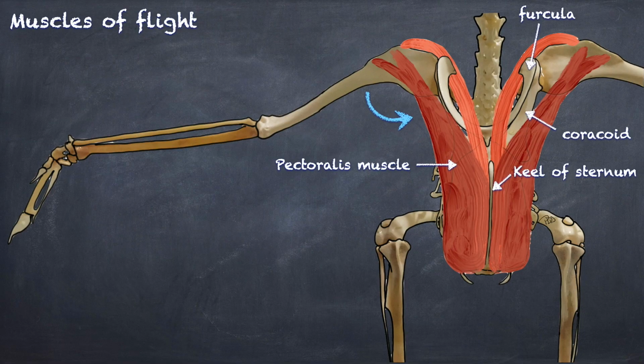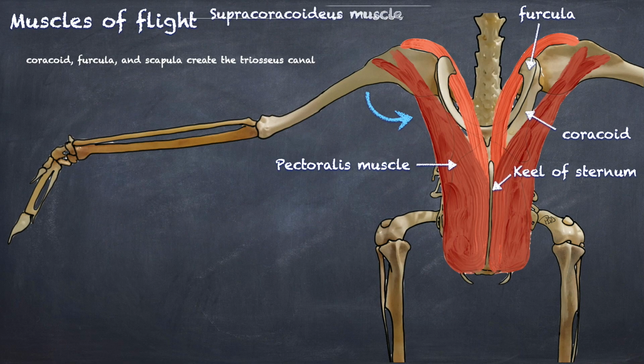Okay, I told you we'd come back to these bones. The coracoid, the furcula, and the scapula create what is known as the triosseous canal. Okay, the name says it all. Triosseous. Three bones are making up this canal. And what is passing through this canal is the supracoracoideus muscle.